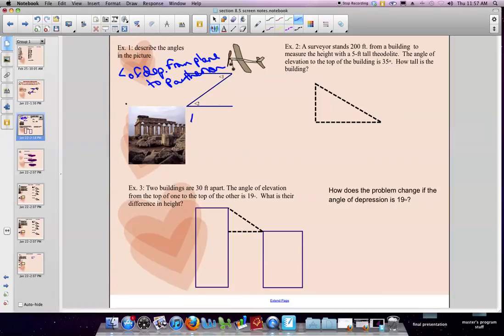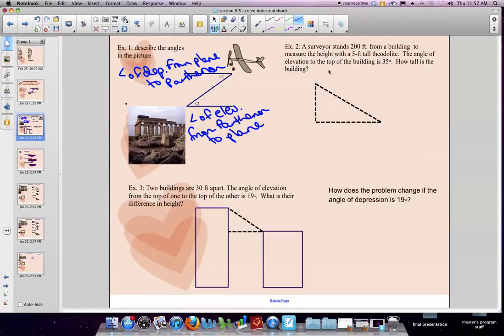So in this case, it would be an angle of elevation, but it would be from the Parthenon to the plane. Okay, so that's how you describe angles.